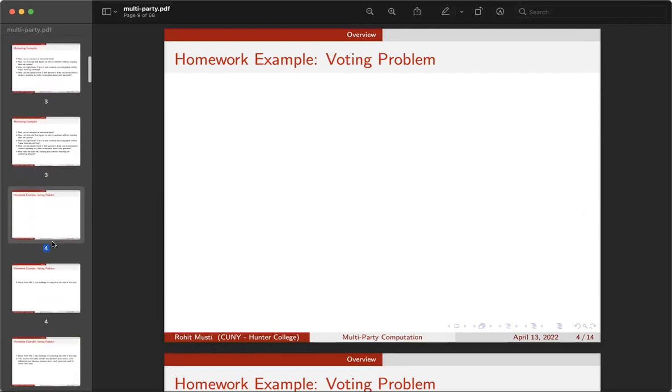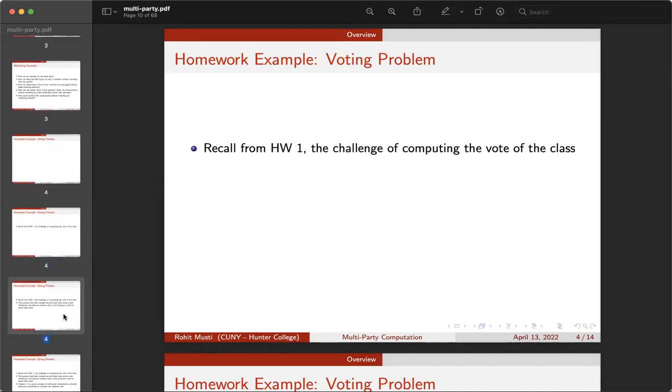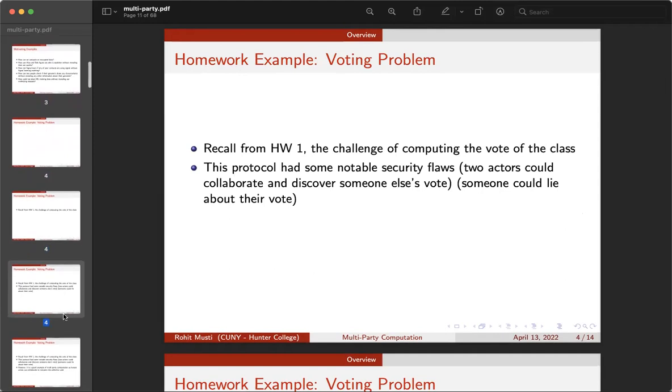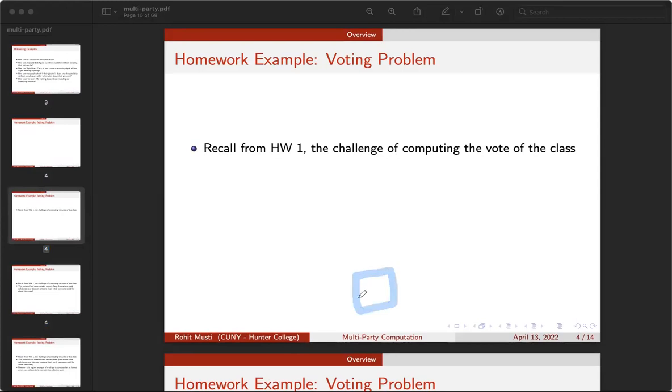So we've actually already done some multi-party computation in the homework. Recall from homework 1 the challenge of computing the vote of the class. So let's talk about that. If you remember, the way it worked was we had a trusted actor, some centralized entity.